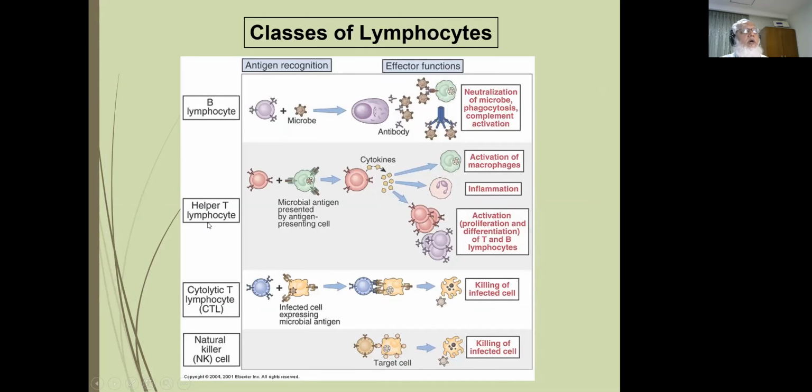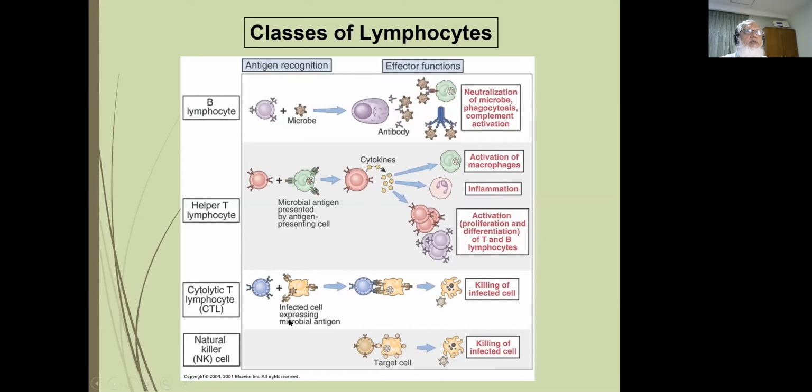Helper T cells, when they come in contact with microbial antigen presented by the antigen presenting cell, secrete cytokines. These cytokines play an important role in activation of macrophages, inflammation, and activation and proliferation of T and B lymphocytes. There are cytolytic T lymphocytes, cytotoxic T lymphocytes.